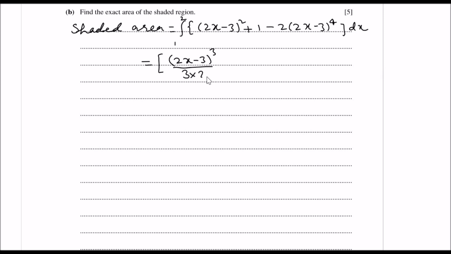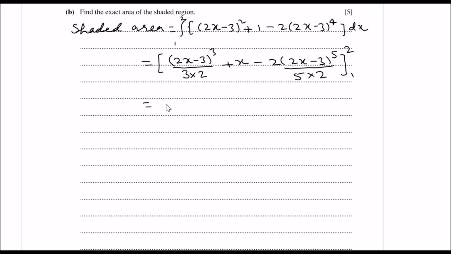Plus, for 1, if you integrate it, we get x minus 2 times 2x minus 3 to the power 4, sorry, 5. 4 becomes 5 now, we add 1 to the power. Now 5 and 2x there, that is why we need to multiply by 2, applying the chain rule. Okay. So this gives us the integration, and limits are 1 and 2.